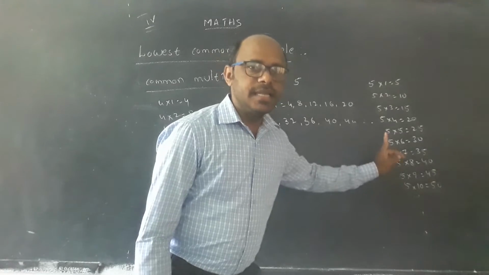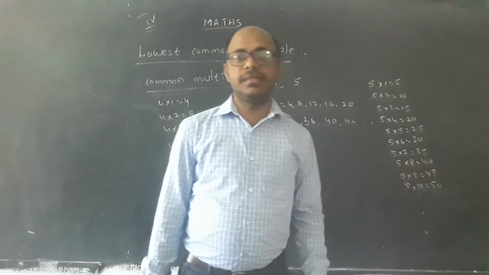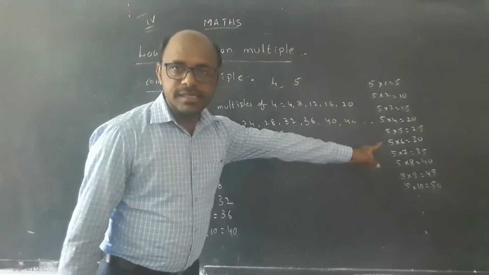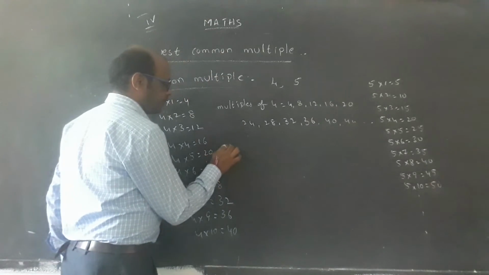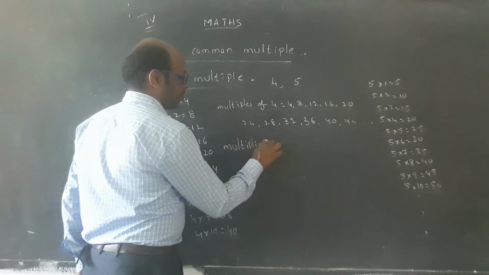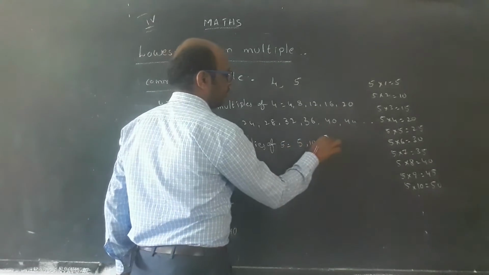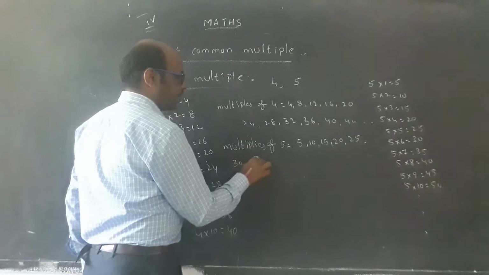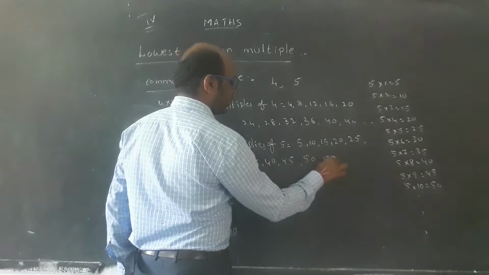Now I am writing here: multiples of 5. Which ones did we get? 5, 10, 15, 20, 25, 30, 35, 40, 45, 50, 55, like that.